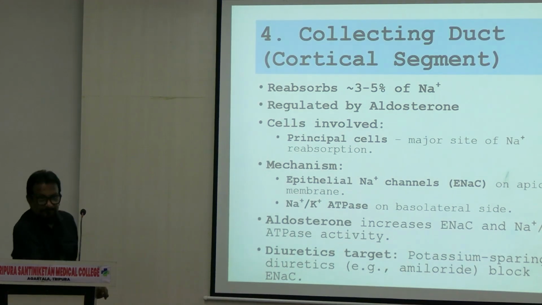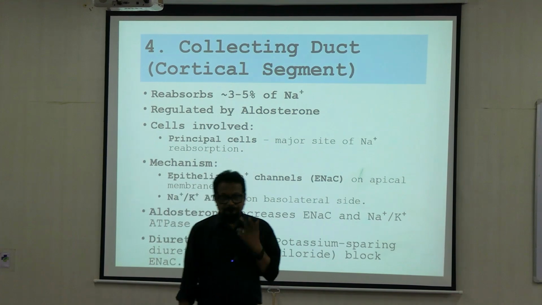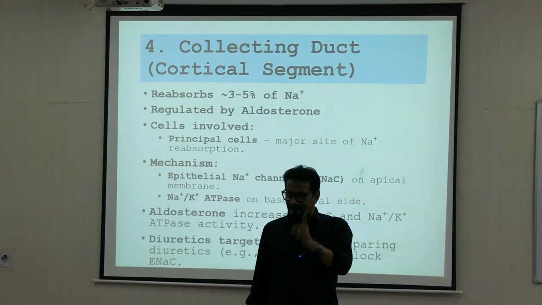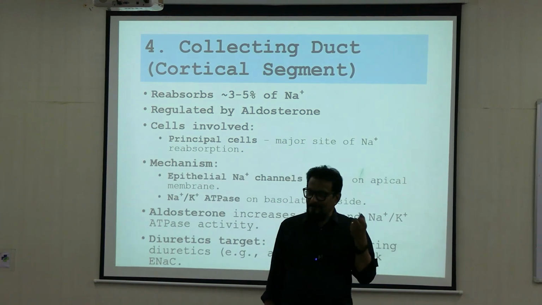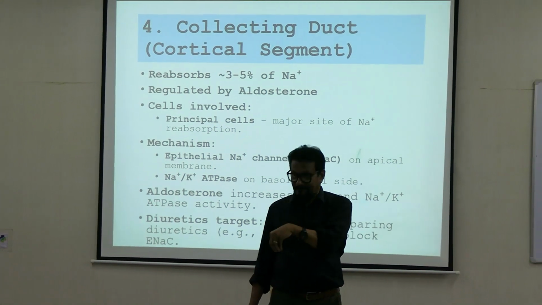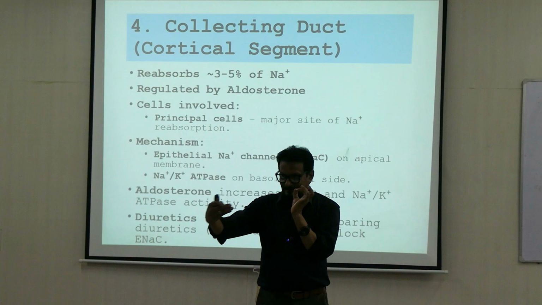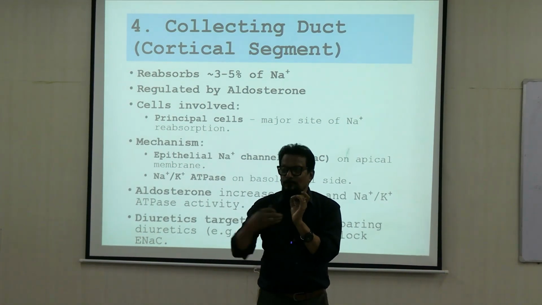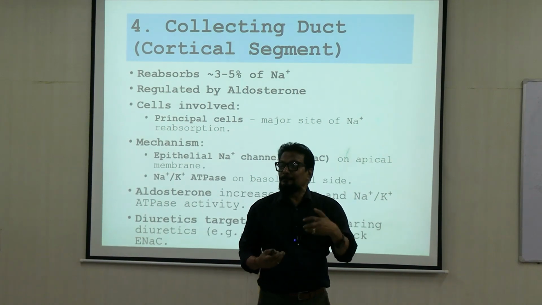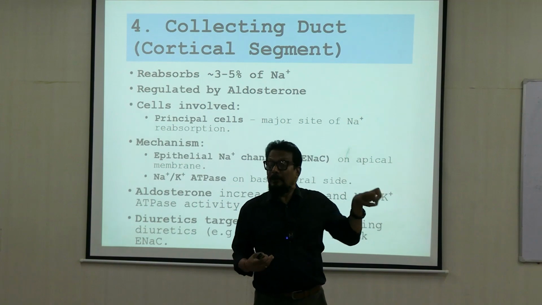Now in the collecting segment, everything will be done by which hormone? ADH. It will reabsorb water by implanting aquaporins. Aquaporins are the channels through which water from the renal tubule will enter the cell, from the cell into the interstitium, and from the interstitium into the blood.